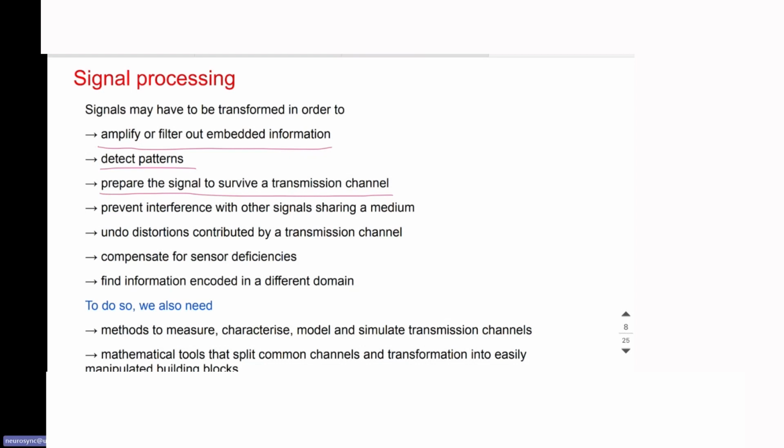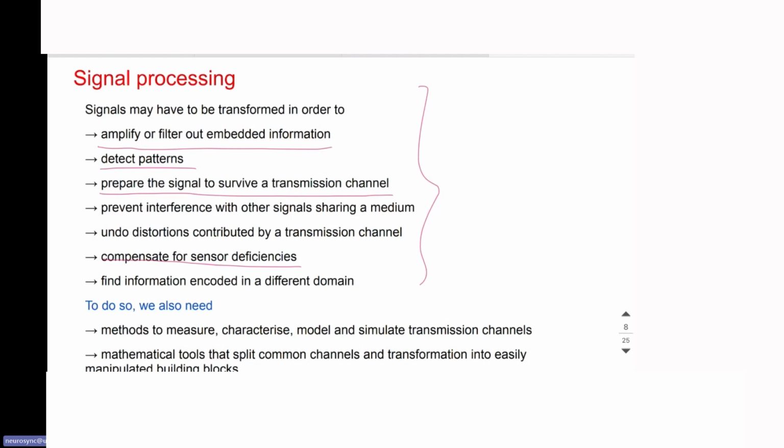To prevent interference with the other signal sharing medium, that also we can do in signal processing. There are many ways of processing, and you will see them in different kinds of applications, like to compensate for sensor deficiencies.